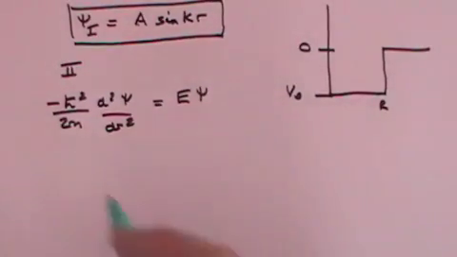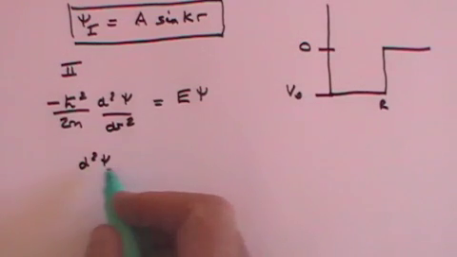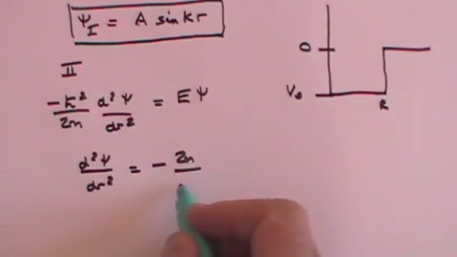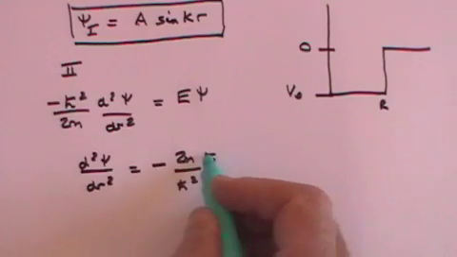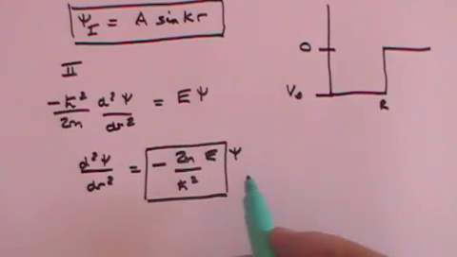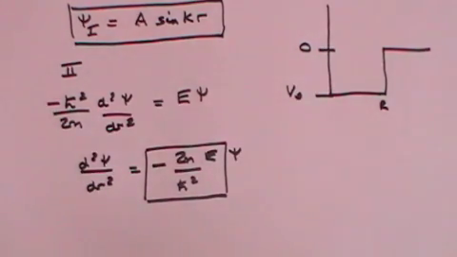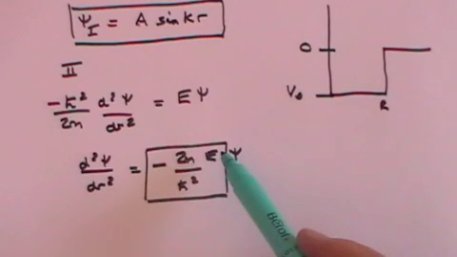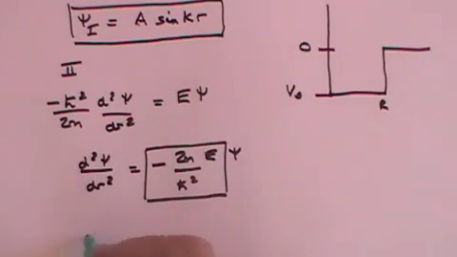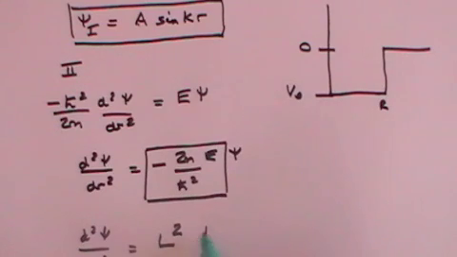Now if I just switch these round, I've got d2 psi by dr squared is equal to minus 2m over h bar squared E psi. Then I want you to look at that term in the box. That term in the box is positive, because E is negative, so minus times a minus is a positive. So I can write that as d2 psi by dr squared is, I'll call that L squared psi.